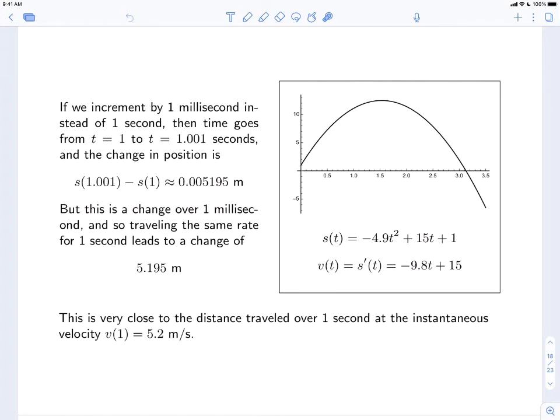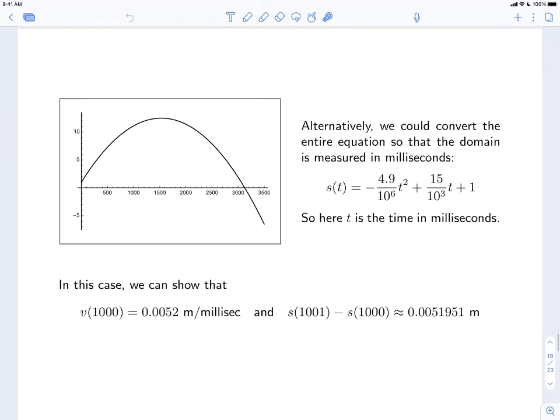But this is a change over 1 millisecond. So if we travel at this same rate for 1 second, that will give us a change of 5.195 meters. This is very close to the distance traveled over 1 second at the instantaneous velocity of 5.2 meters per second. So we've managed to achieve a better approximation by using smaller units.